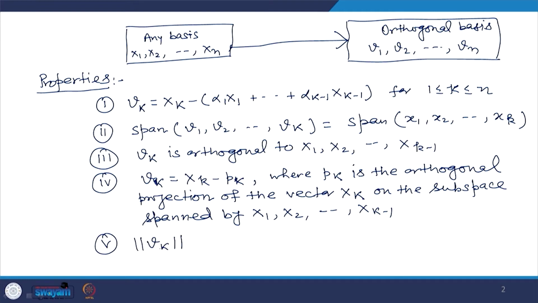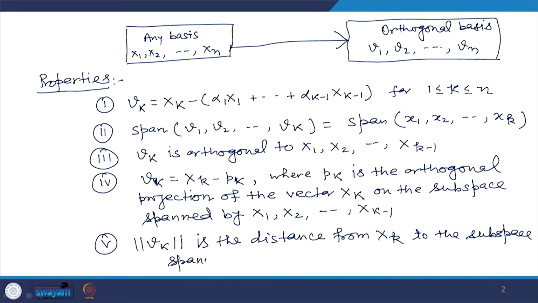And what is this? The length of Vk, that is the norm of Vk, is the distance, and what distance? The shortest distance from xk to the subspace spanned by x1, x2, up to x k minus 1.